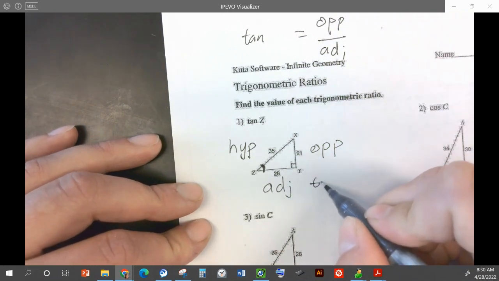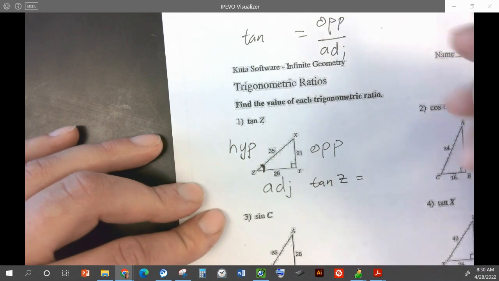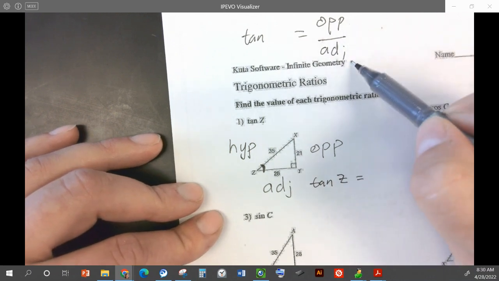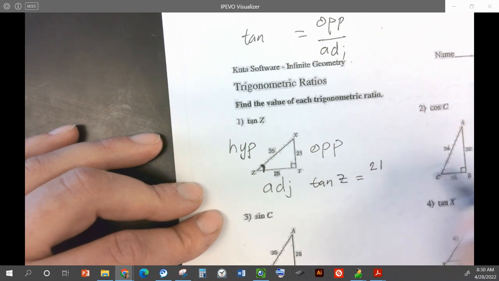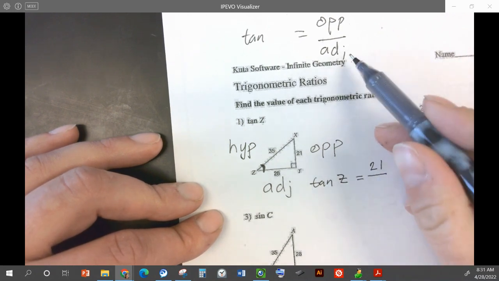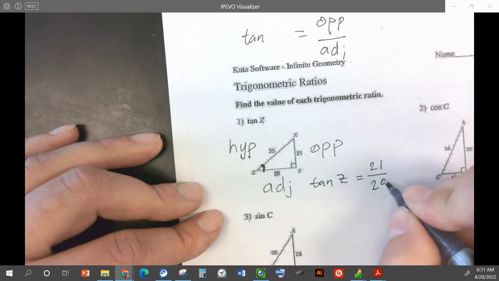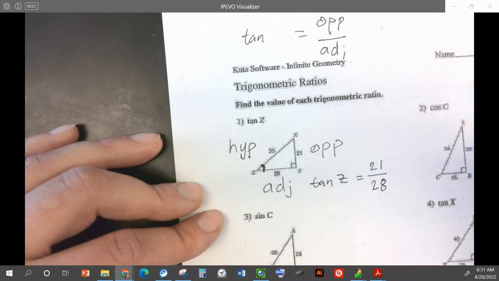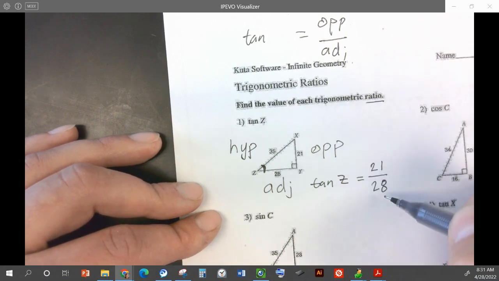So the tangent of z is equal to, we need the opposite over the adjacent. So opposite is 21. The adjacent is 28. So we're just looking for the ratio. So that's a ratio.